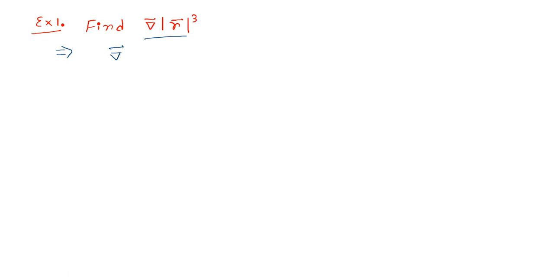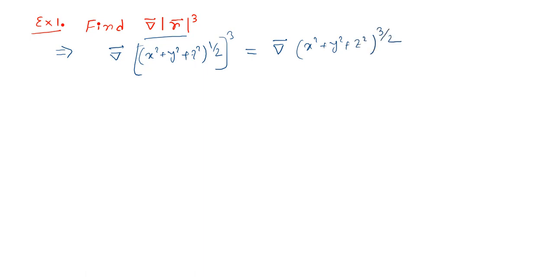Magnitude of r means x square plus y square plus z square whole to the power half, and whole to the power 3. So it is basically gradient of x square plus y square plus z square whole to the power 3 by 2. Is it not?